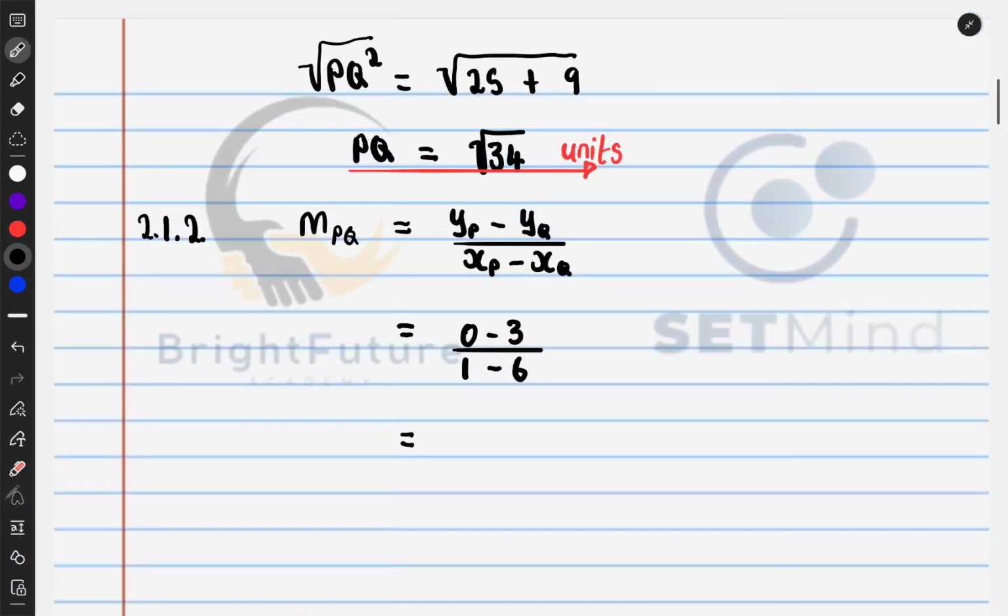And then we just punch that in our calculator. 0 minus 3 is going to be negative 3. 1 minus 6 is going to be negative 5. Therefore we're going to have 3 over 5, positive 3 over 5.